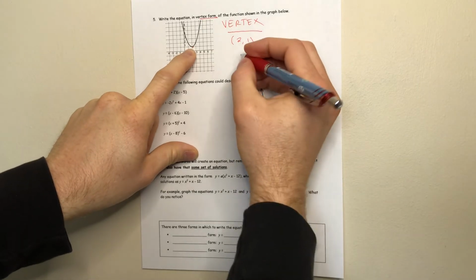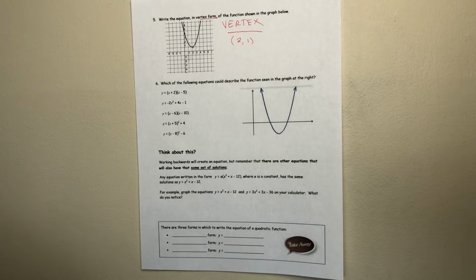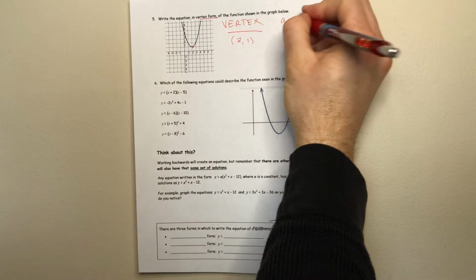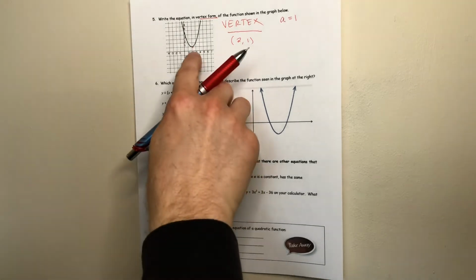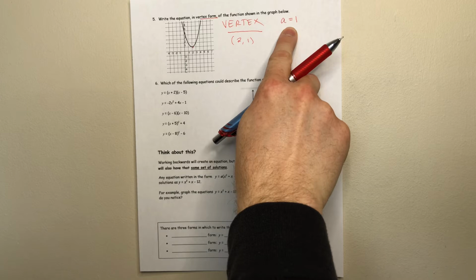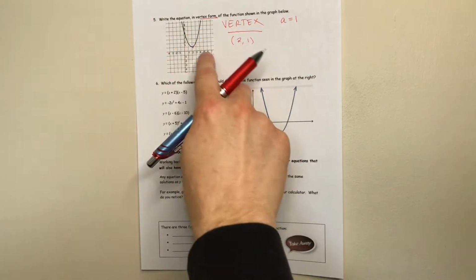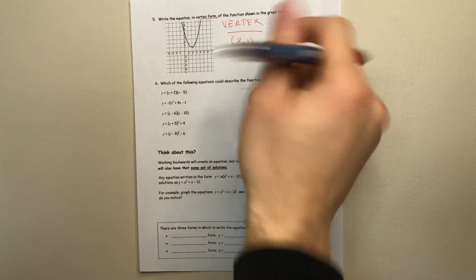So I'm going to write it out in vertex form. Now the value of a will be 1. When we have you write it out, we're only going to give you a as 1 for now because we're not going to make it wider or more narrow for you. We'll just keep your life simple and make it a equals 1 for now. All right, so here we go.